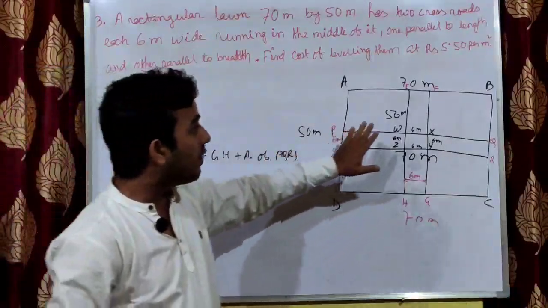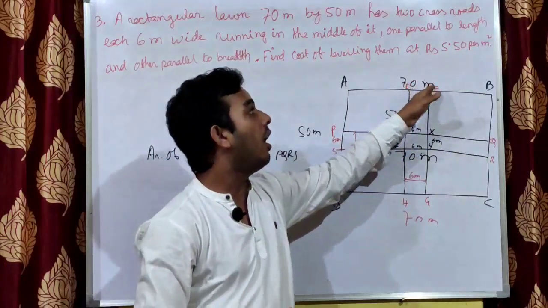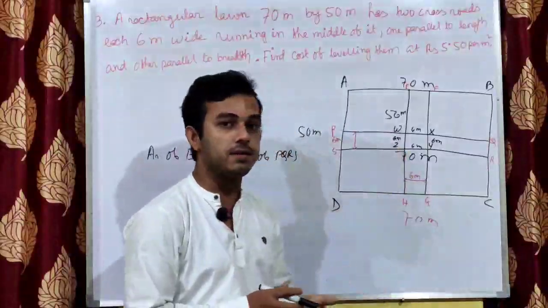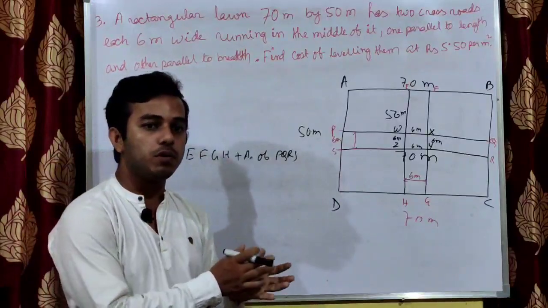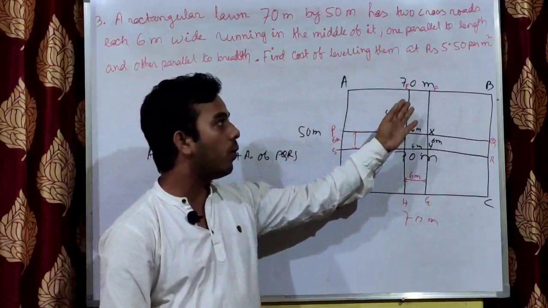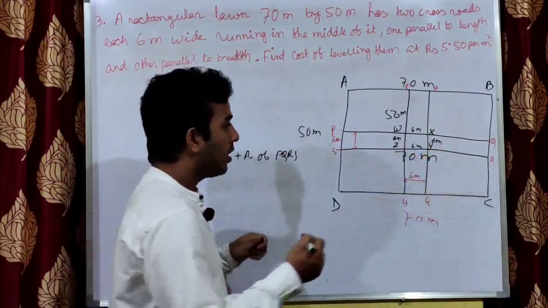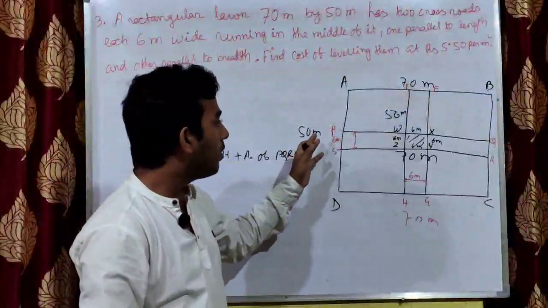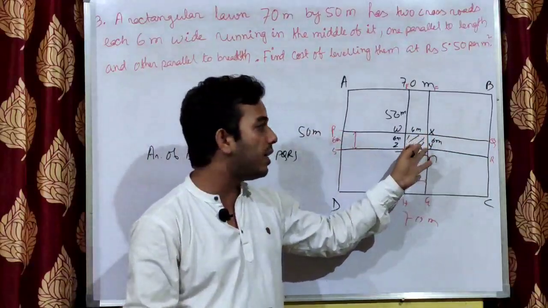Here, first of all, we will find the area of EFGH, then the area of PQRS. We have to find the area of both the roads, right? So we'll add both of them. Okay, up to this clear? Then one thing: when we find the area of EFGH, we cover this region, and when we also find the area of PQRS, we again find this part.